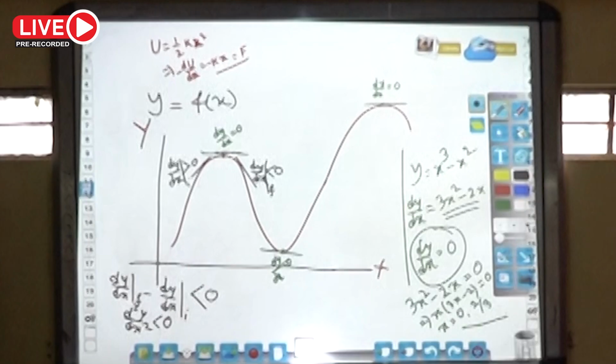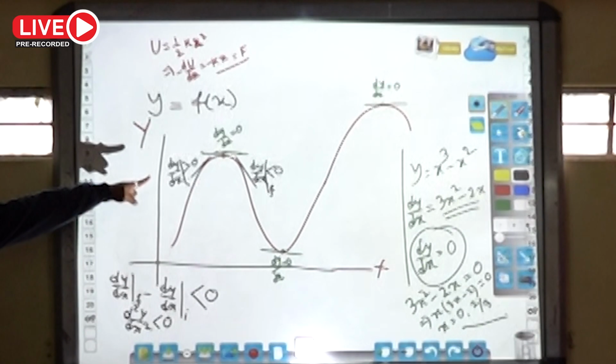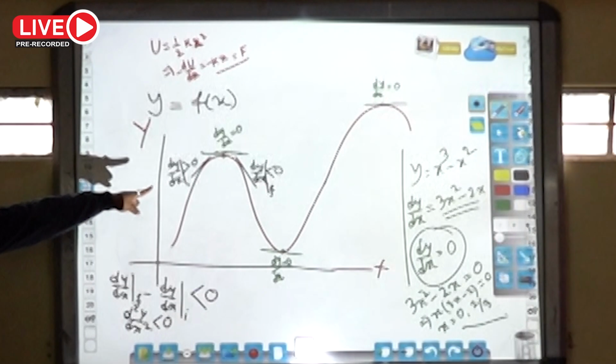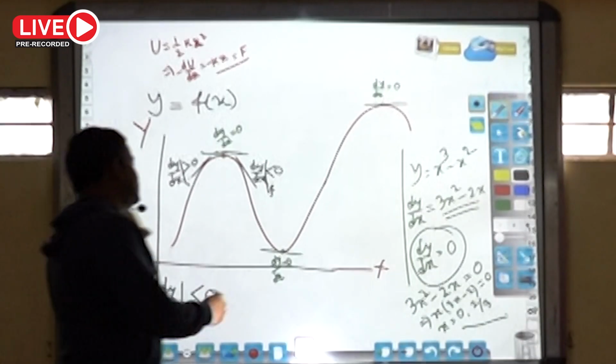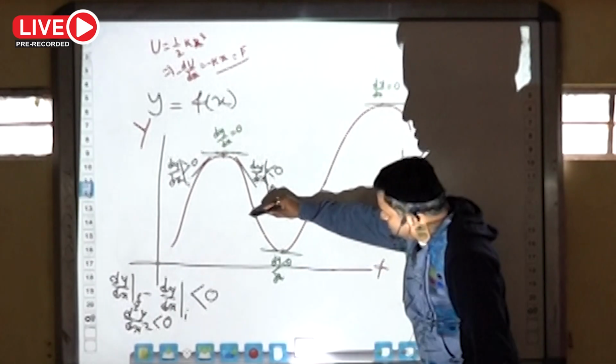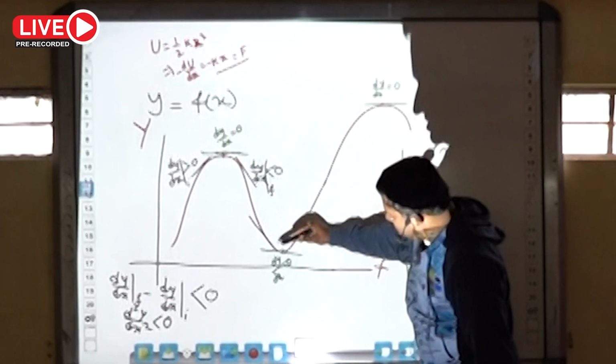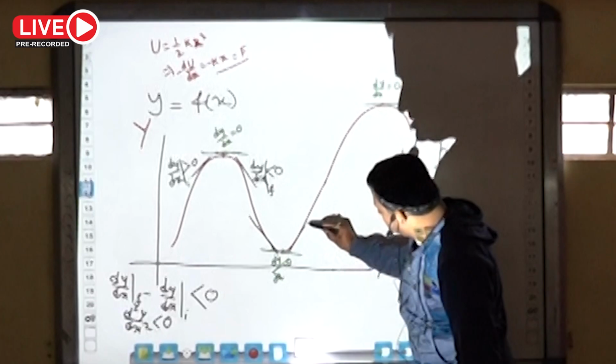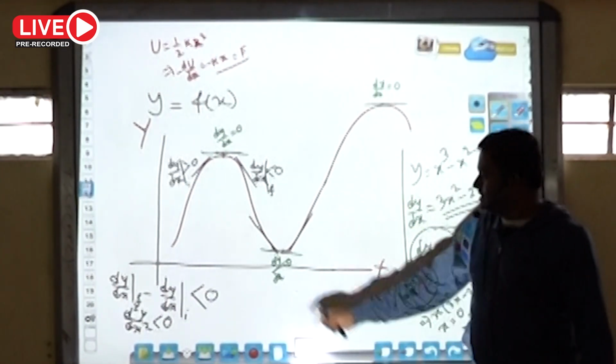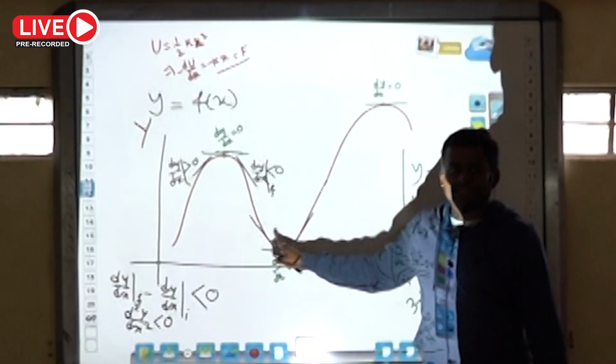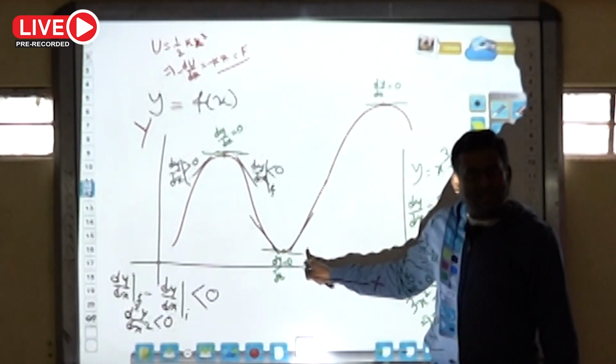So the second derivative is negative, which means the value is a maximum. If you draw the tangent here and here, this is initial, this is final.